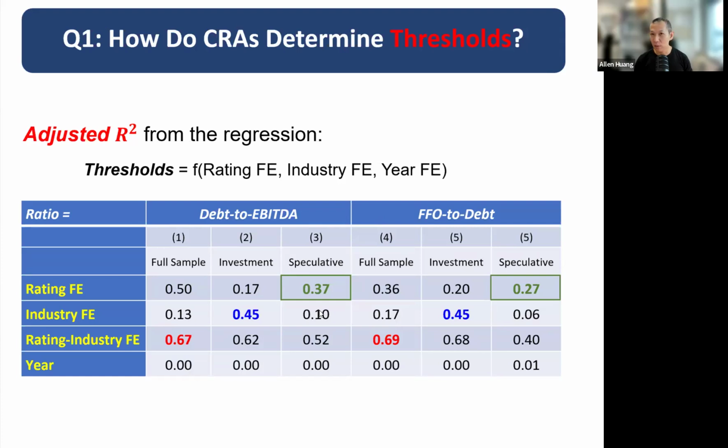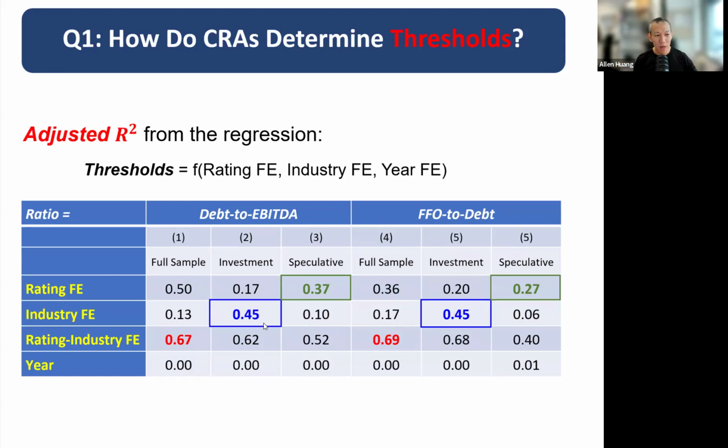But if you are BB versus CCC, then it matters a lot in explaining your thresholds. And within the investment grade, so within the ones with high creditworthiness, which industry you are in matters a lot. Okay, so for the ones with better credit ratings, which industry you are in matters a lot to how close the thresholds are to your current ratio level.